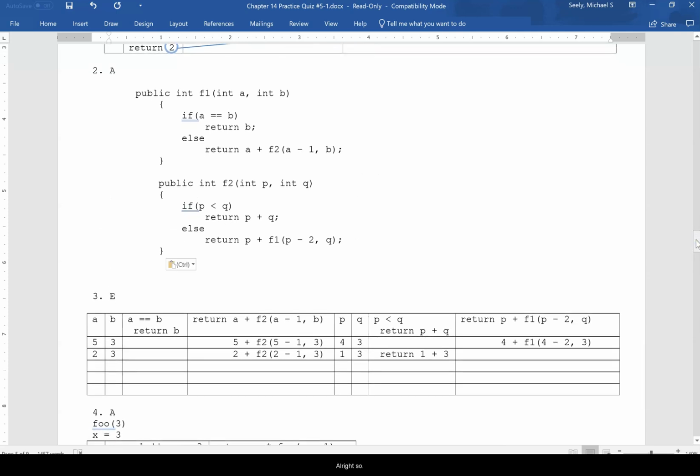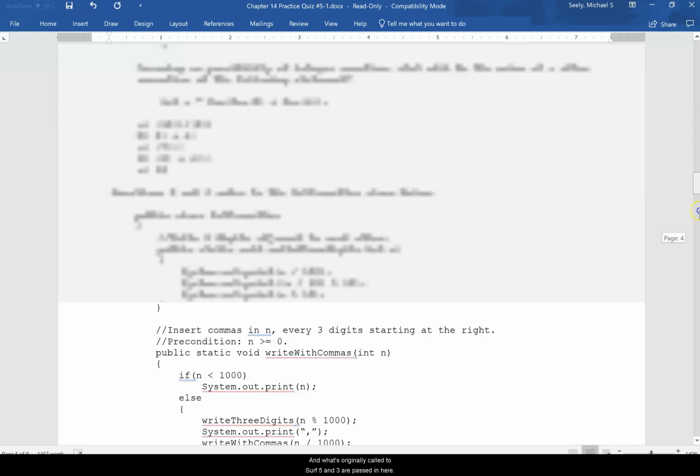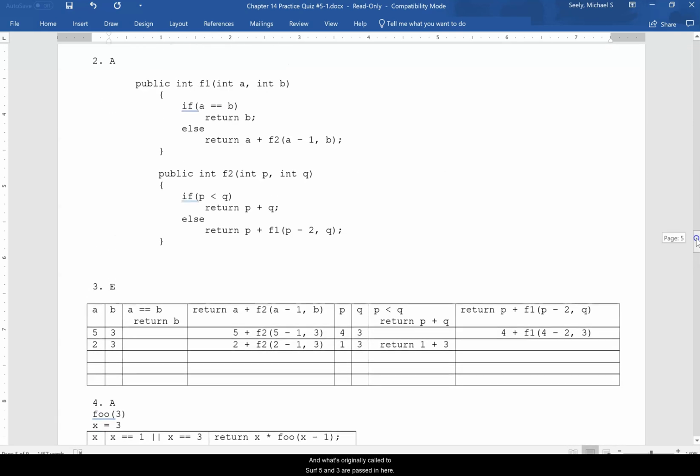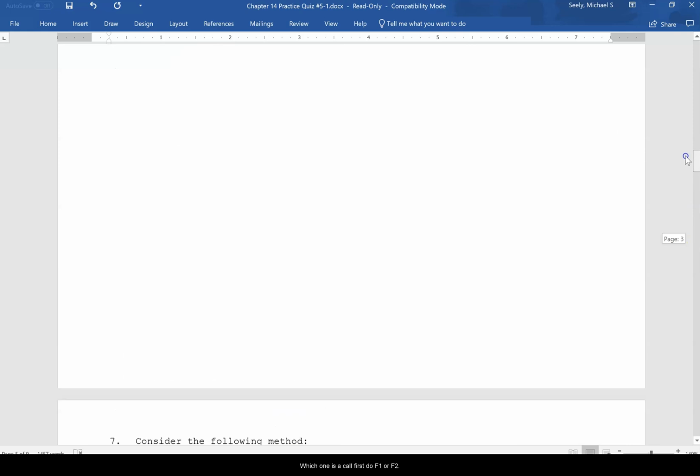All right, so what's originally called is 5 and 3 passed in here. So 5 is A, B is 3, so are they equal? No. Which one does it call first though, F1 or F2?